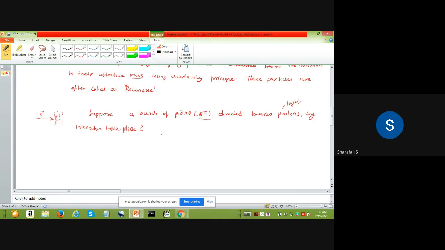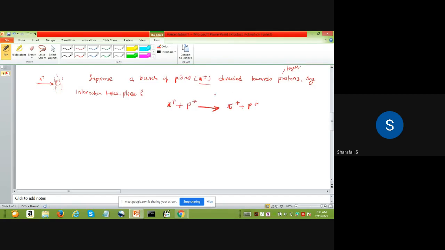So this particular reaction is pi plus interacting with a proton, and the output of this reaction comes out as pi plus plus p plus. Experimentally we observed that pi plus plus p plus gives pi plus plus p plus.